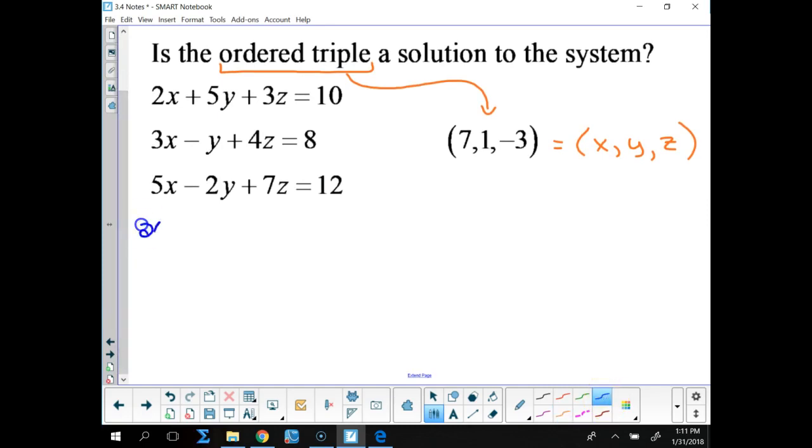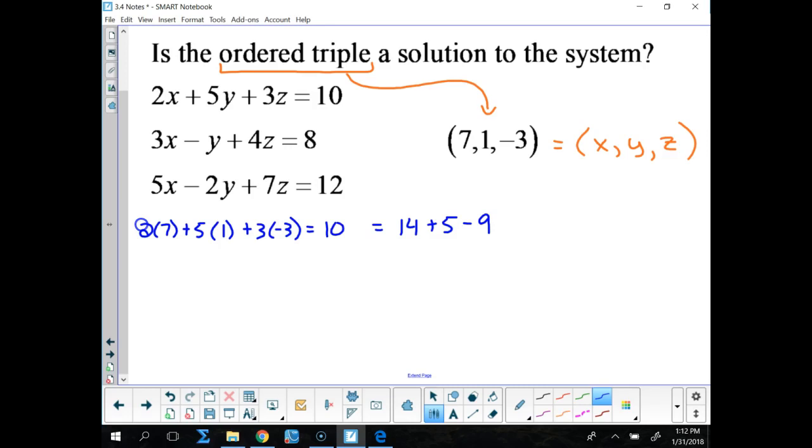So 2 times 7 plus 5 times 1 plus 3 times negative 3 has to equal 10. 2 times 7 is 14. 5 times 1 is 5. 3 times negative 3 is negative 9. 14 plus 5 is 19. 19 minus 9 is 10. 10 is equal to 10.